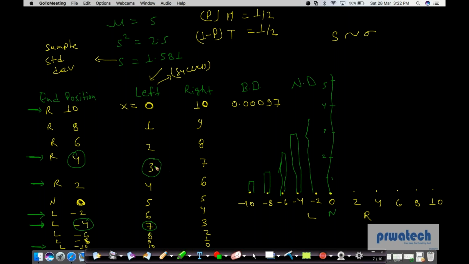Whenever you calculate for x equal to 3 and x equal to 7, normal distribution and binomial distribution, both values are exactly similar. Probability of this is what the normal distribution concept is built on. And again, I'll have a big tower here.